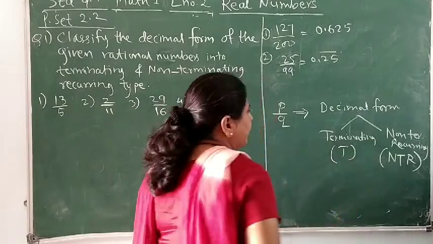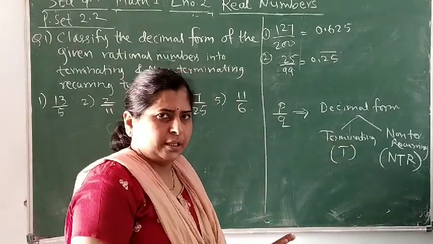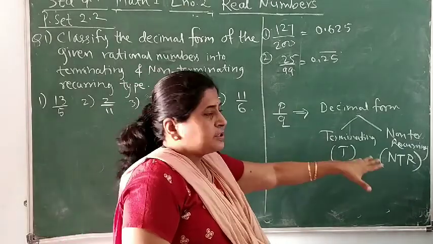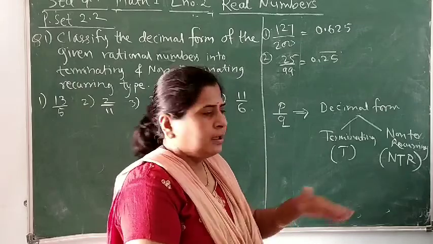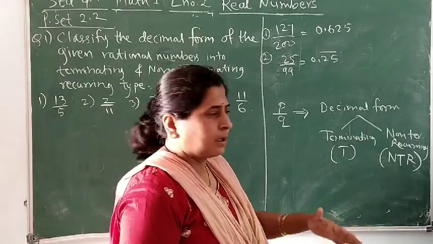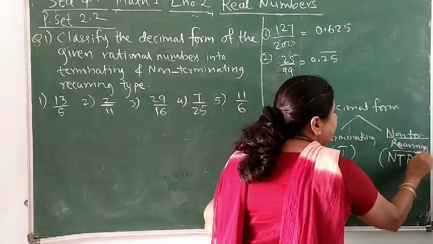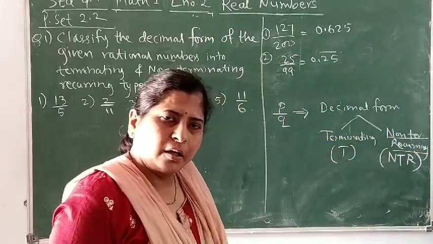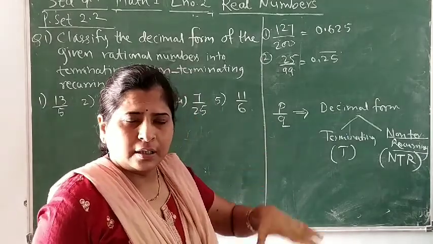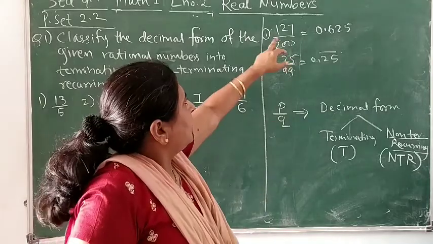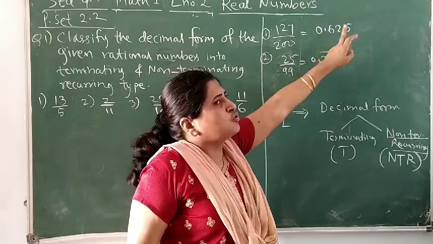Terminating, T, means where the division process ends, stops. And where the division process doesn't end but we get the same group again and again, recurring, it is called non-terminating recurring. Because the division process doesn't end, it is non-terminating, and the same group comes again and again, so it is recurring. In the last video, the decimal form of 127 upon 200 gave 0.625.